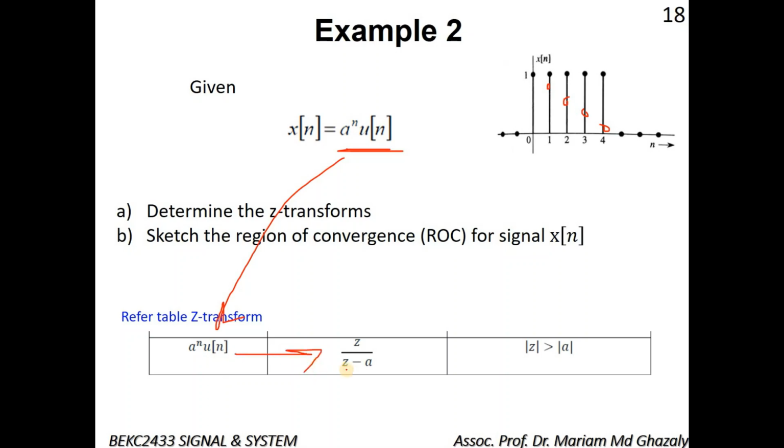The equation given for the z transform is z over z minus a, and the region of convergence is |z| more than |a|. So directly you get the answer: determine the z transform is question A, and sketch the region of convergence is B.